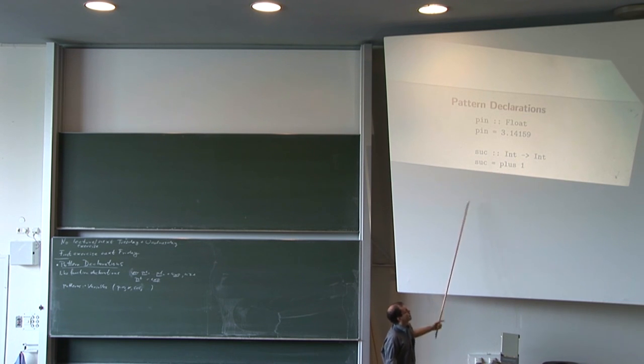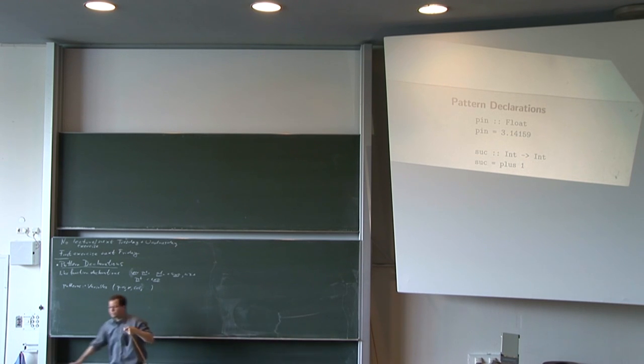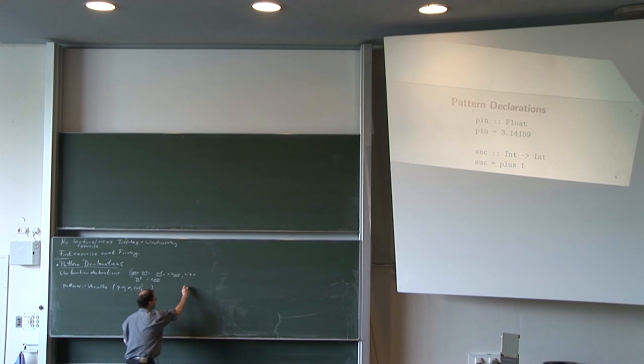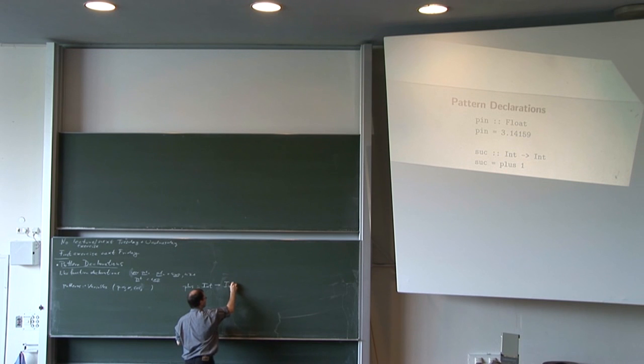Now this looks strange at first sight, but you remember in the last lecture we introduced the concept of currying. So currying means instead of having functions with higher arity, we just use functions with arity 1. And you can give arguments one after another to these functions. So if you remember, we defined a function plus like this. We said this is a function which first takes an integer, and the result will be a function from int to int.